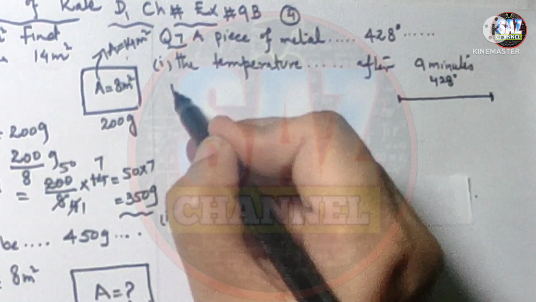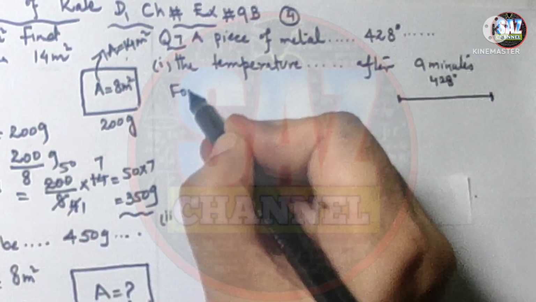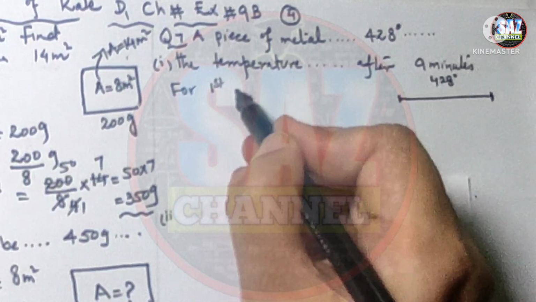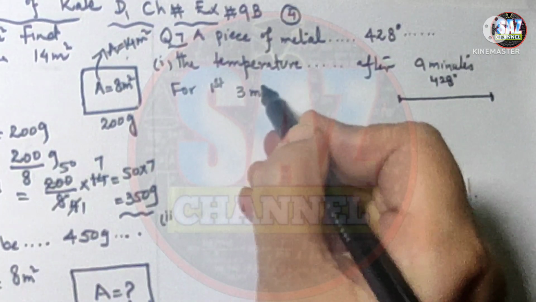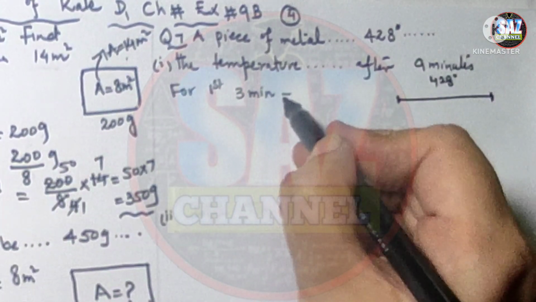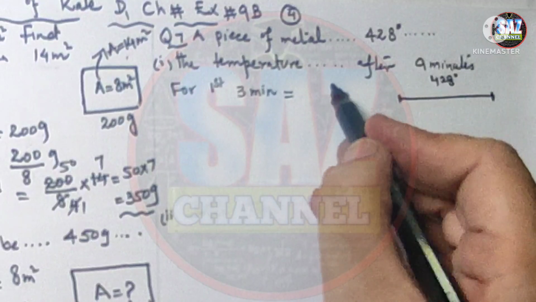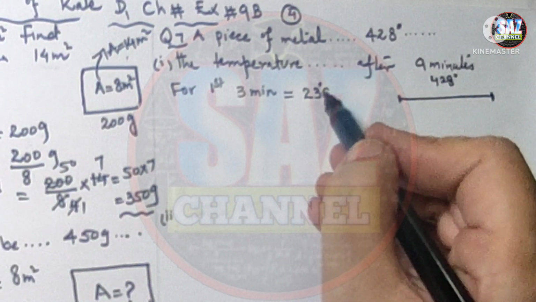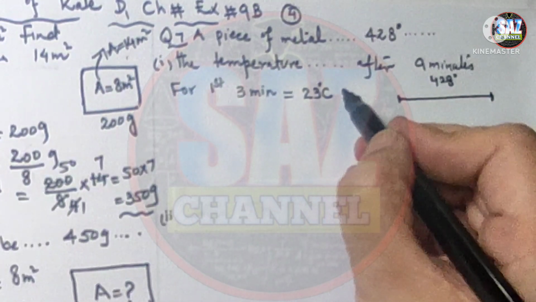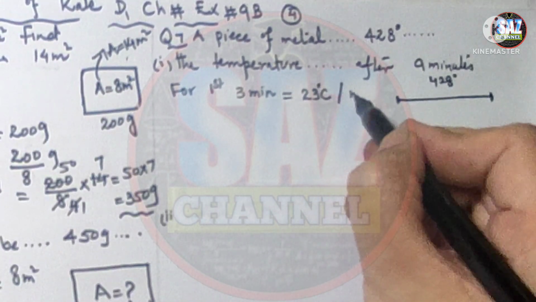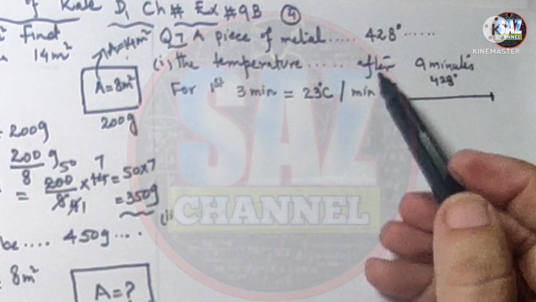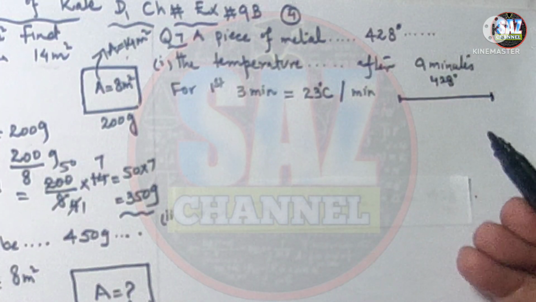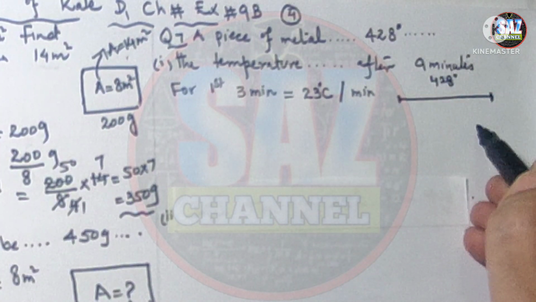For the first 3 minutes, the temperature is falling at what rate? 23 degrees centigrade per minute. Per minute, what does that mean? That in 1 minute is the fall in temperature.